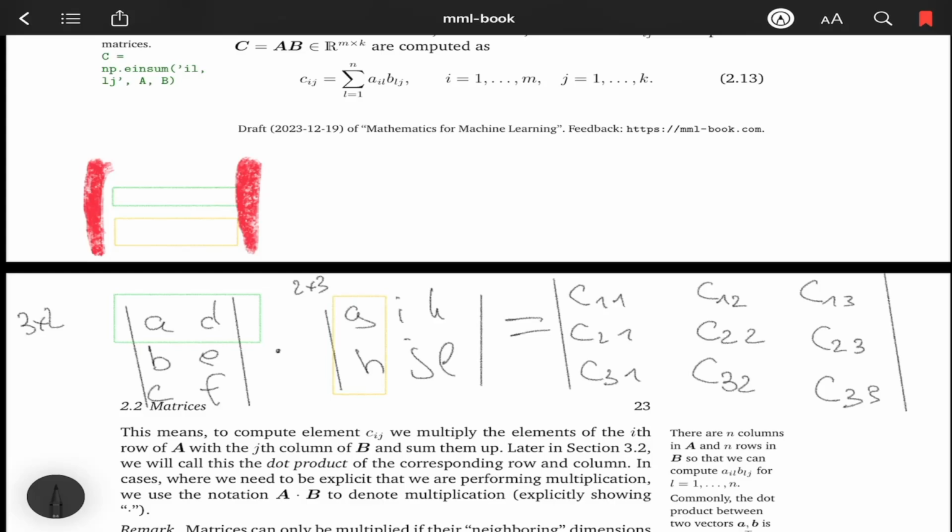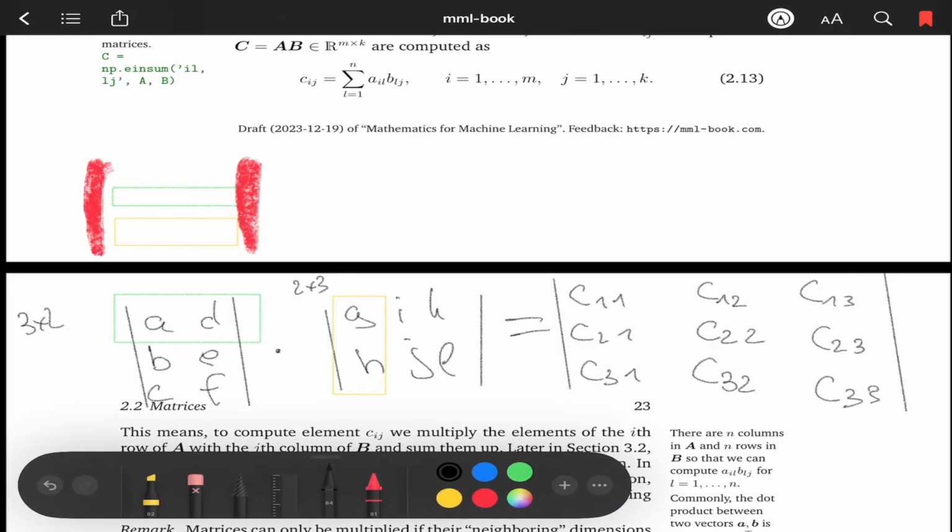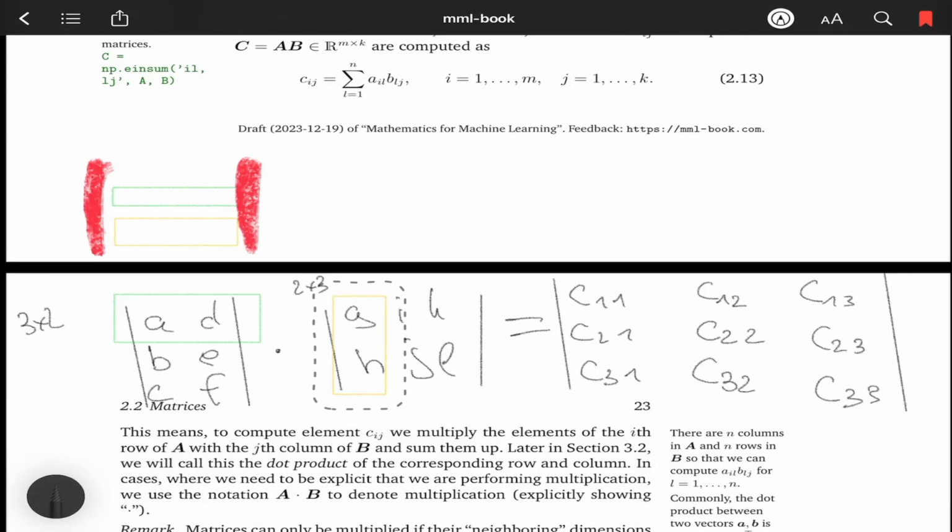So now we can say that C11 is exactly this one. And now if we move to the right to C12, we just move the yellow box. And then C13 goes one more box. And then if we change the row, we just change the green one.